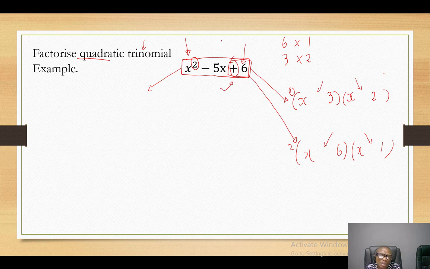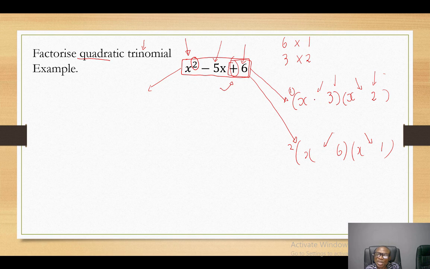Okay, this positive sign told me the signs must be the same. But when I go to the middle term, the sign of the middle term says the higher number will take the sign of the middle term. So I have 3, I have 2. What is the sign of the middle term? It's negative 5x.